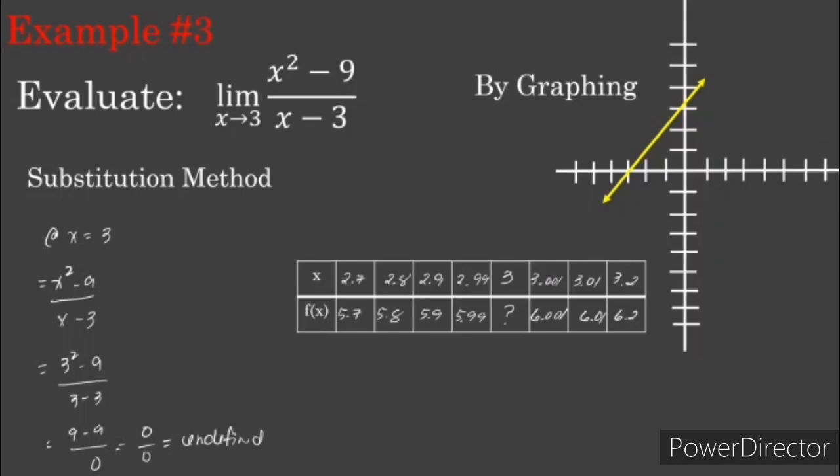It becomes 6. Therefore, the limit of x squared minus 9 over x minus 3 as x approaches 3 is equal to 6. And so, alam natin na ang limit niya ay 6.